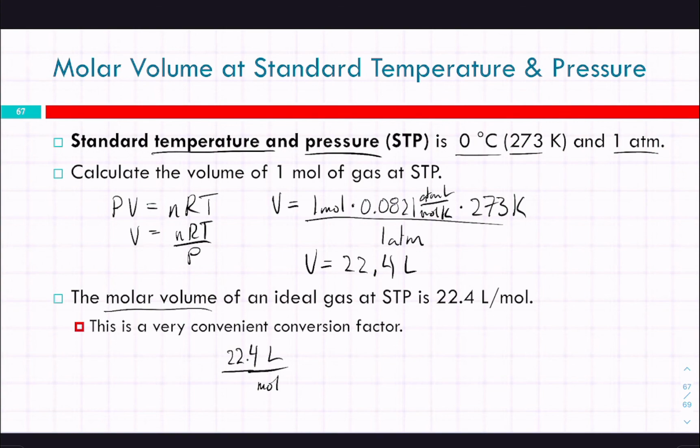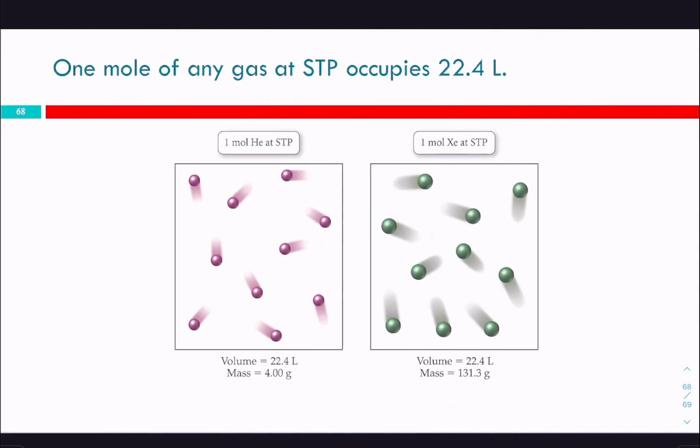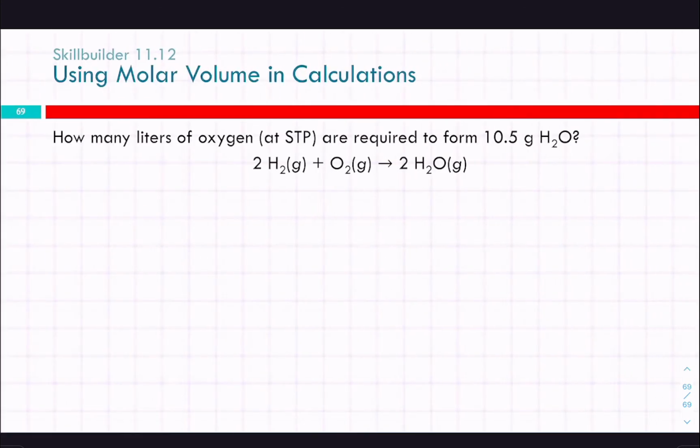Just letting you know. This works out because it's just the number of particles in that space at STP. The mass can be different, but the volume is the same. Because it's the same number of particles, the mass doesn't actually matter.